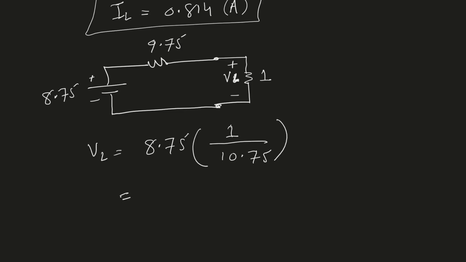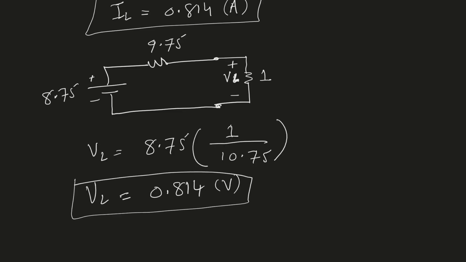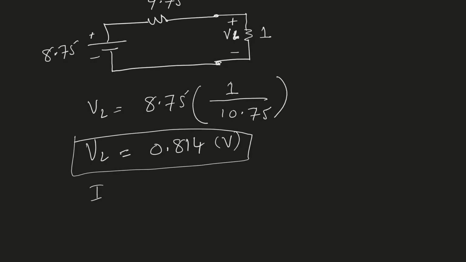So we have 8.75 divided by 10.75, and that is equal to 0.814 volts. This is the load voltage. And because the load resistance is 1 ohm, the load current will be this load voltage divided by 1 ohm, which will remain the same. So it will be 0.814 ampere.